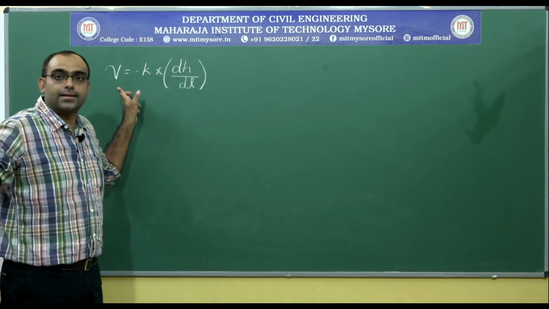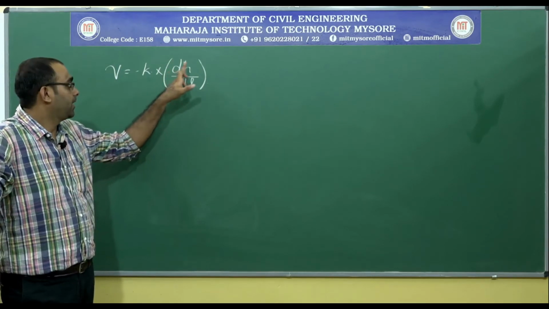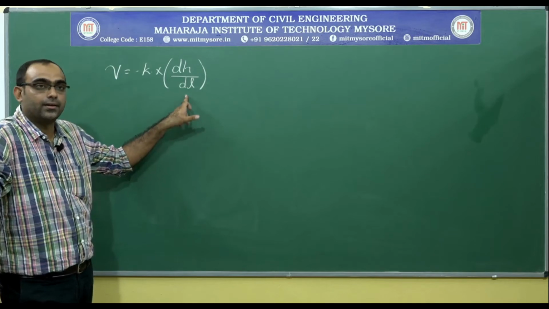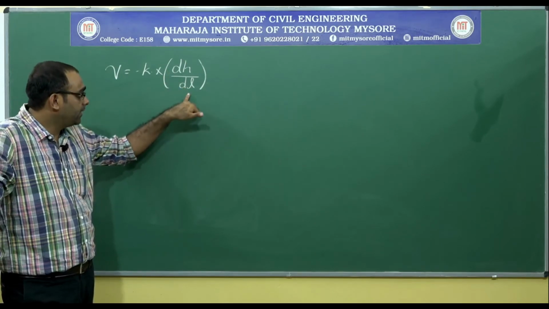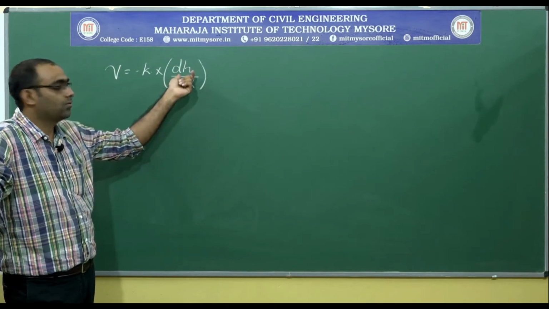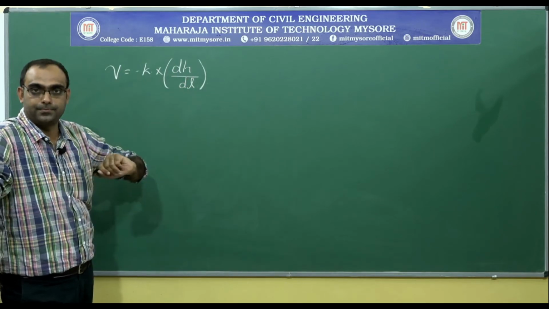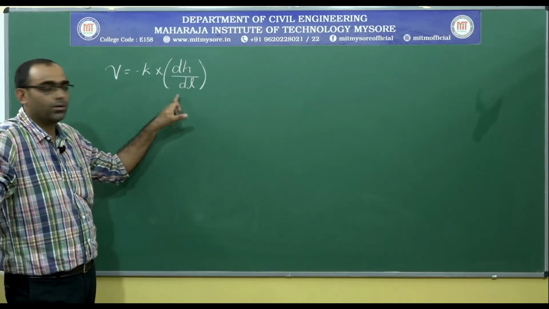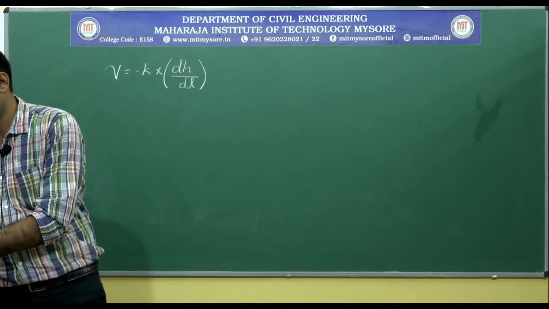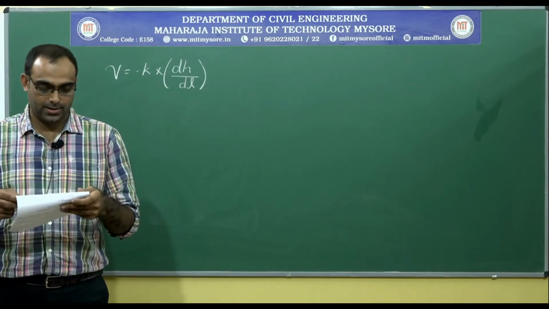The V indicates Darcy's velocity, the K indicates hydraulic coefficient, and the ratio dH by dl indicates the hydraulic gradient, or the variation of the head with respect to the length. Okay, there is a very small problem on this, we shall solve it. I hope you take down the problem.